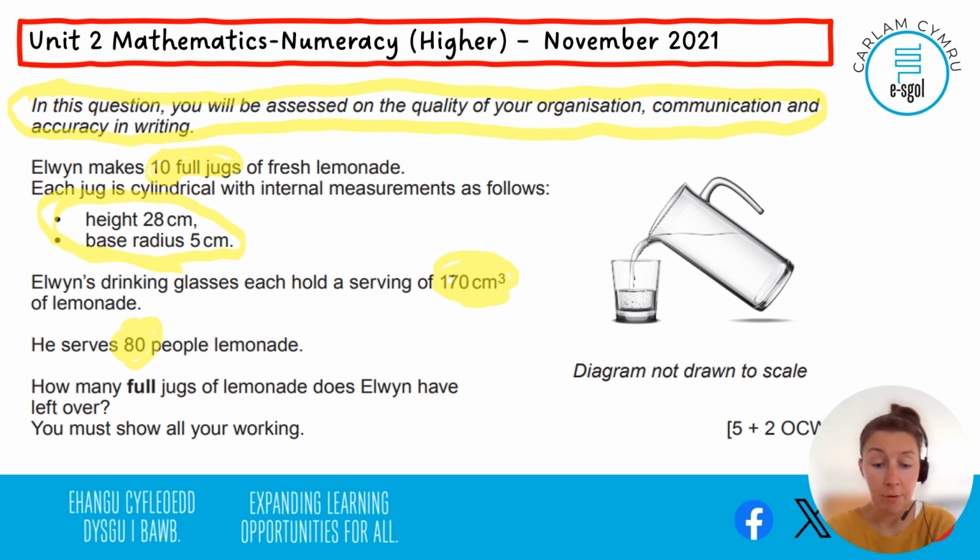So our first step here will be to work out how much 1 jug is and how many glasses that actually fills, and then we can work it out for 10 jugs with serving 80 people, and we'll see how many jugs we've got left.